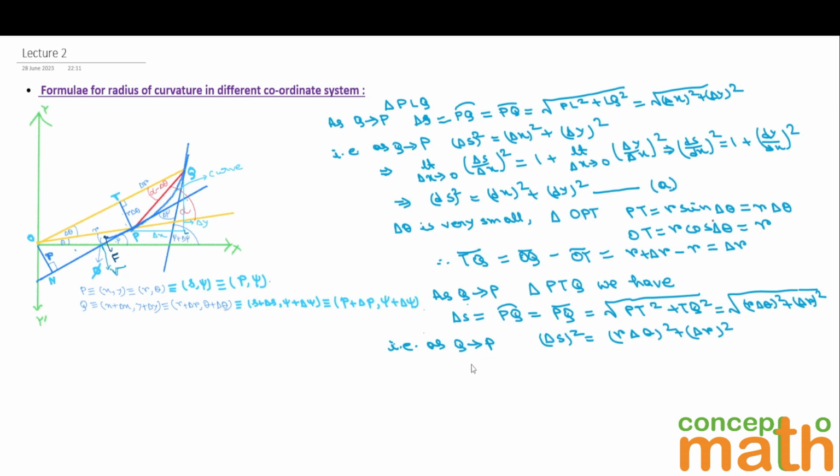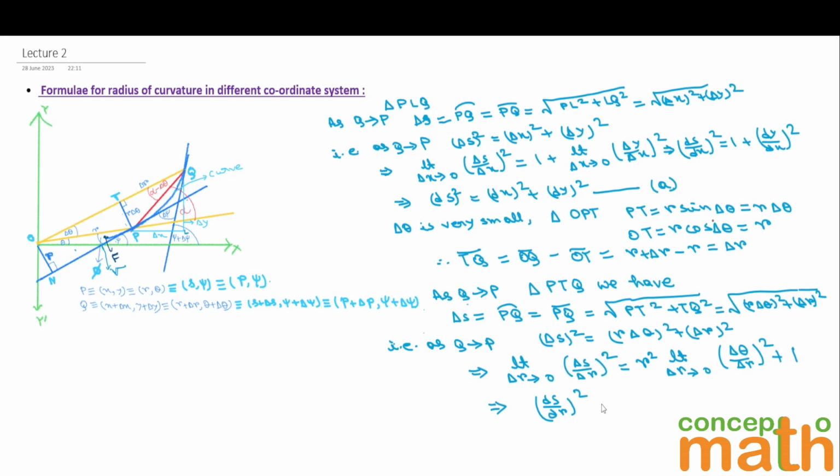So the above equation can be expressed as limit delta r goes to 0, delta S by delta r whole square is equal to r square limit delta r goes to 0, delta theta by delta r whole square plus 1, as we are dividing by delta r square.